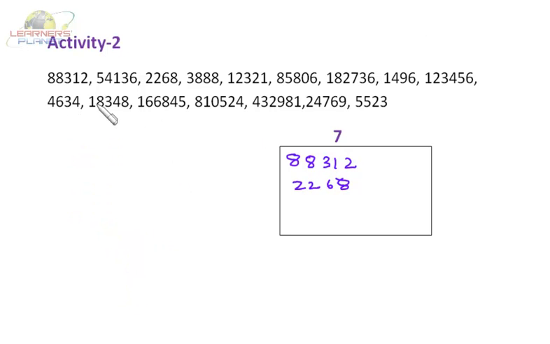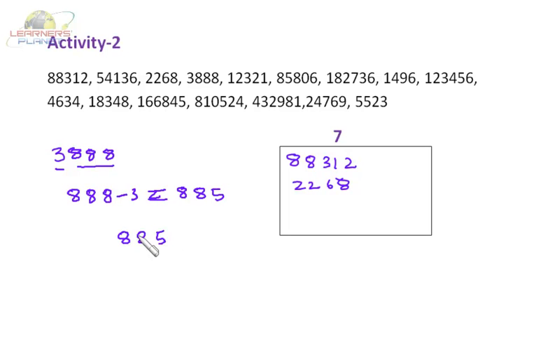Now let's take the next number. 3888. Okay, just make the sets. 888 minus 3 is 885. Okay, now let's see whether 885 is a multiple of 7 or not. 7 ones are 7, 1, 8. 7 twos are 14.